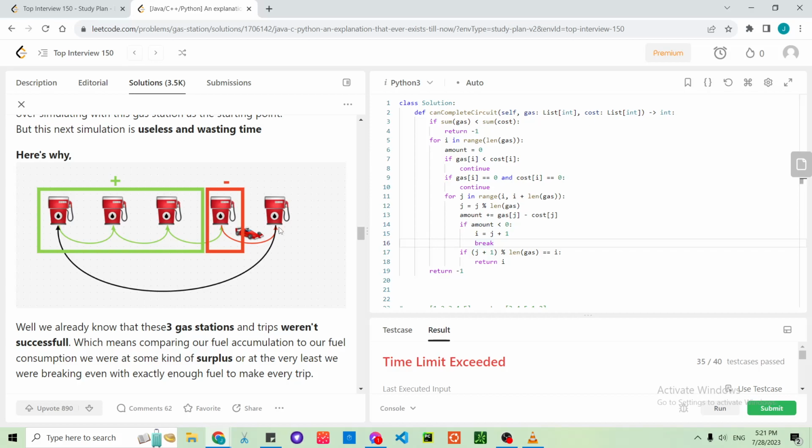I mean, the total sum being positive doesn't mean that it will work. But the question is, if this is positive to the end, does that mean that the rest of this loop will also work?